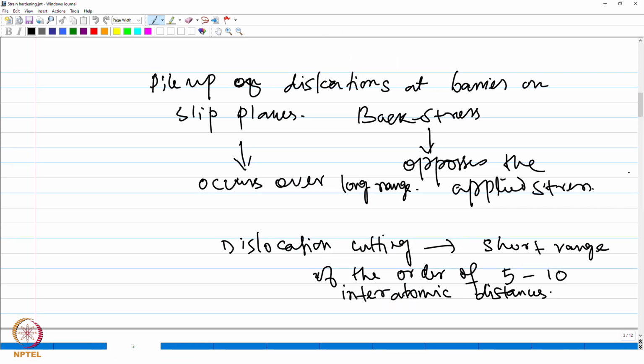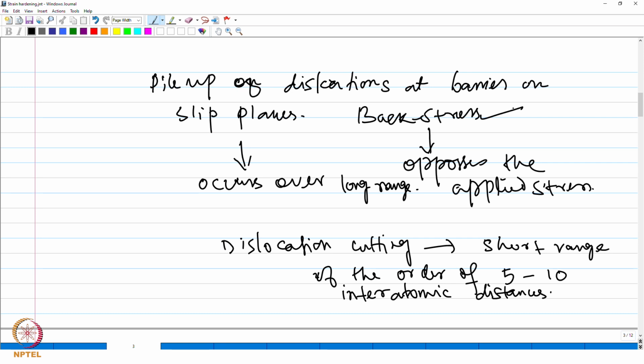So we have been discussing strain hardening or cold working, and we have seen that there are two kinds of strengthening mechanisms with regard to cold working. One is related to dislocations piling up at barriers, leading to development of backstress, which opposes the applied stress, and that is how it leads to strain hardening.